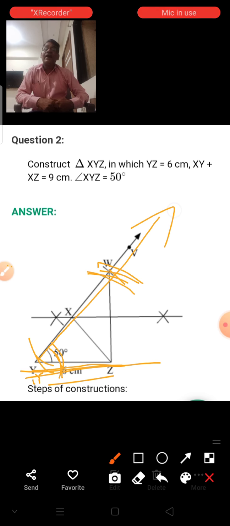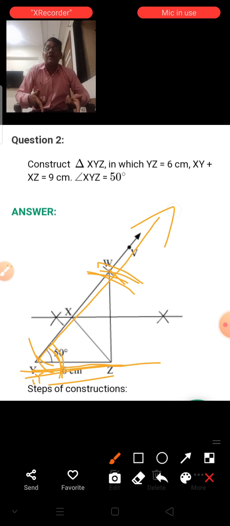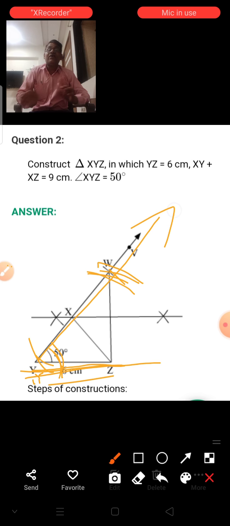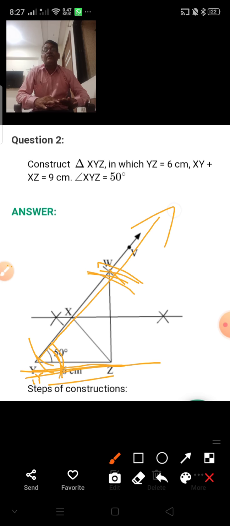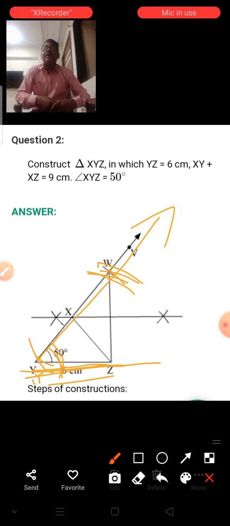Okay, and again you have to draw the perpendicular bisector of WZ. Means you have to keep the compass on Z, take more than half the distance of WZ and make an arc on both sides of WZ. And similarly again you have to keep the compass on W and make the arc to the previous arc.